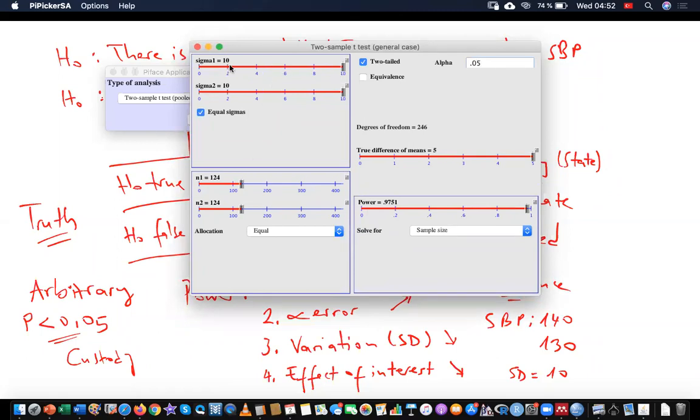What will happen if my standard deviation is low? If I decrease the standard deviation, instead of 10, I make it 9, what will happen to my power?